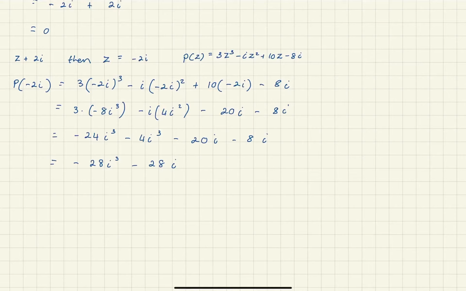We know that i cubed is actually the same as saying negative i to the power of 1. Okay, so this negative 28i cubed is actually equal to negative 28 times i times negative 1.